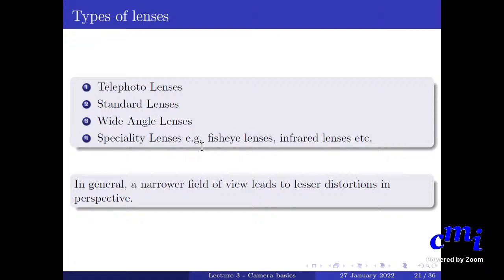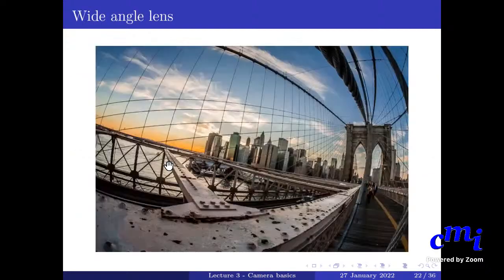So there are broadly four kinds of lenses. There are, of course, many other subdivisions among each of these. A narrower field of view leads to lesser distortions in perspective. So we can see some examples. This here is clearly a wide field of view.